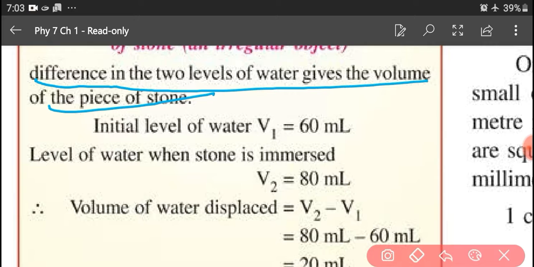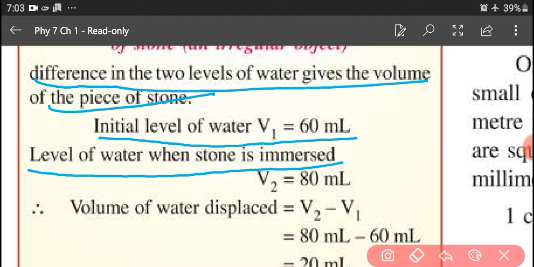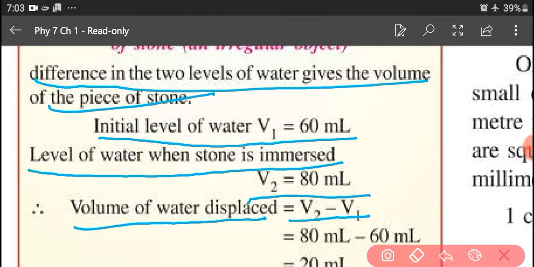Initial level of water V1 is equal to 60 ml. Level of water when stone is immersed, V2, is equal to 80 ml. Volume of water displaced is equal to V2 minus V1.